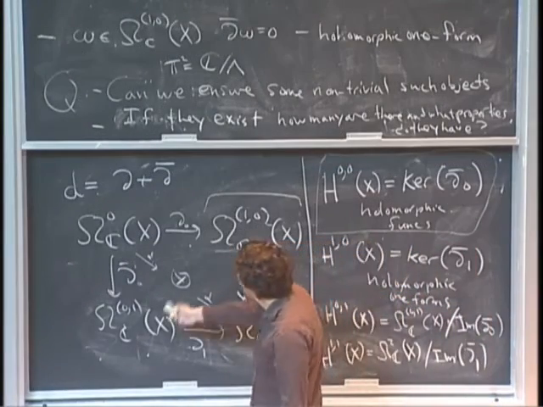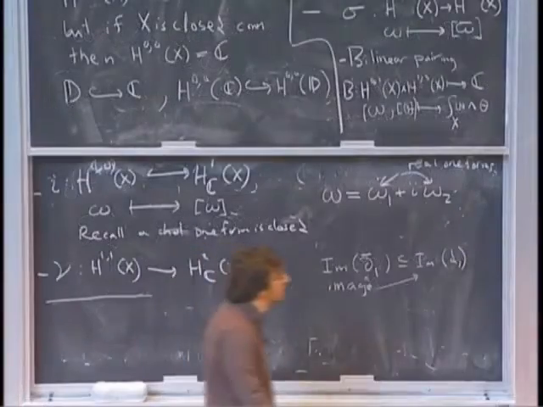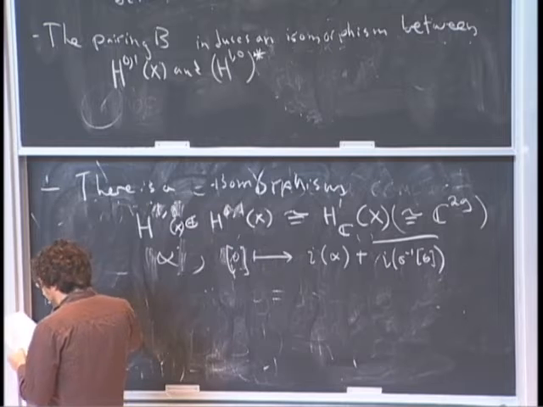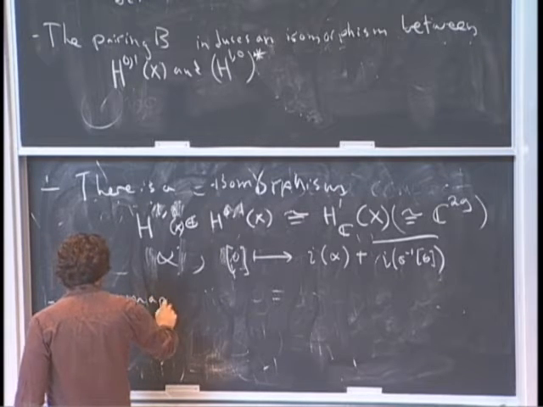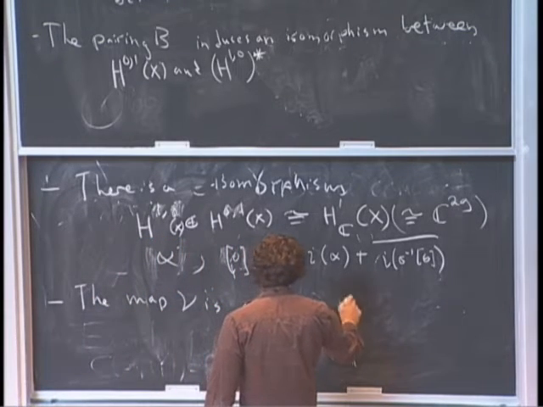This was really the complex structure, so there's a remnant of it in this theorem. And the final observation, which I won't dwell on, is that the map U is also an isomorphism.